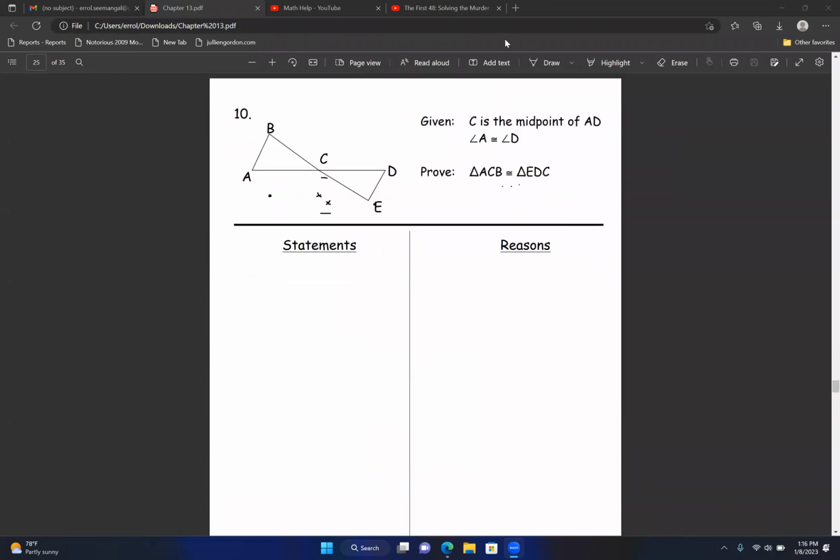All right, which one of the four is number ten going to be? C is the midpoint of AD. There's your C. So AD is right here. What do we know about AC and CD, if C is the midpoint?